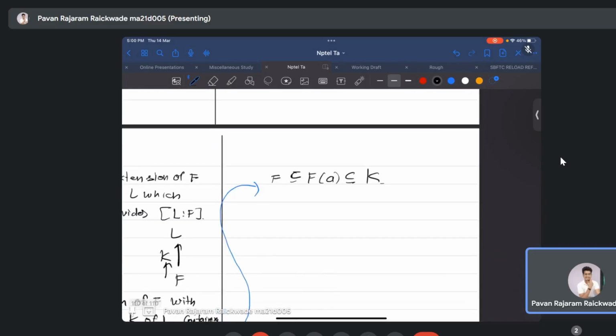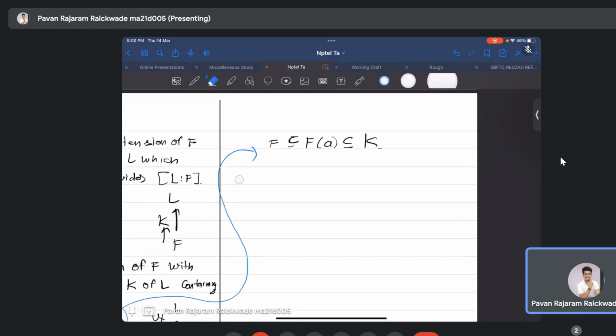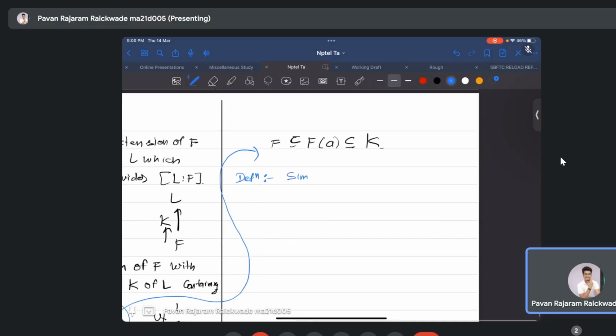So from here now we define a simple field extension. What is this?